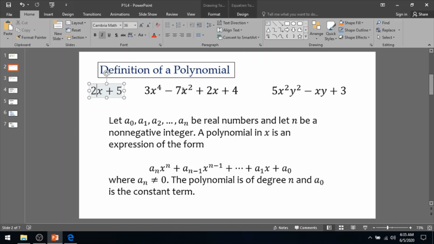So kaning tulo diri, kani sila examples ni siya sa polynomial. Now atong i-check. First example, 2x plus 5. It has a variable. It has also a coefficient. Now ang exponent aning x, di ba, 1.